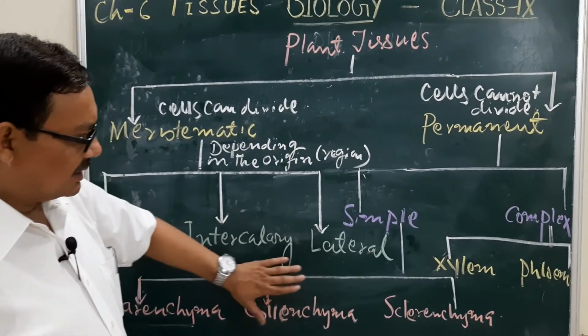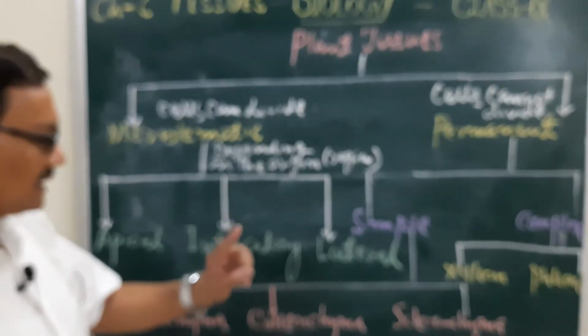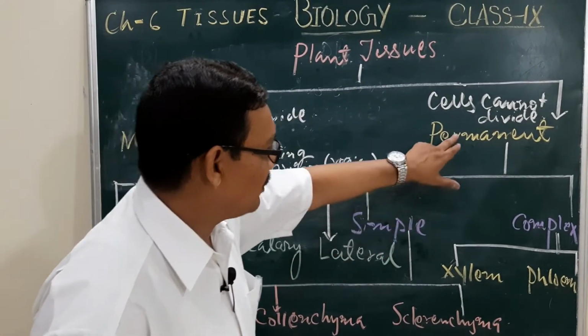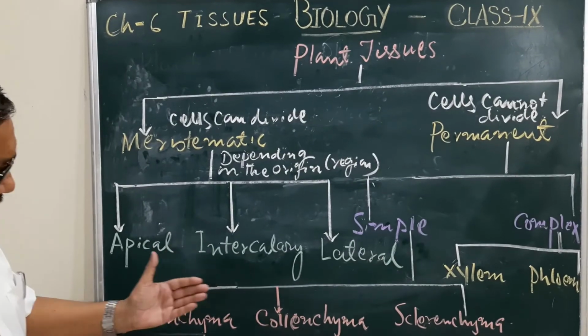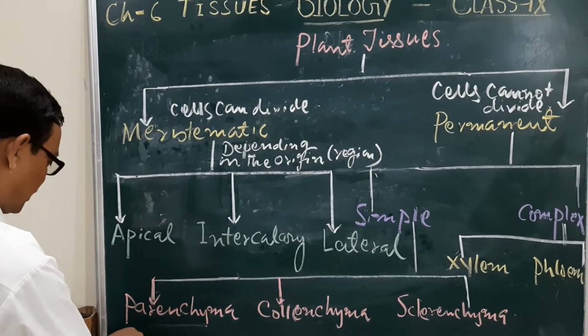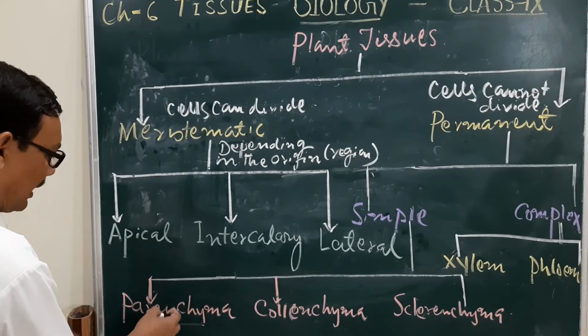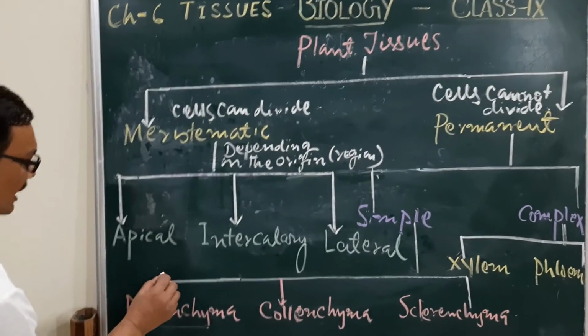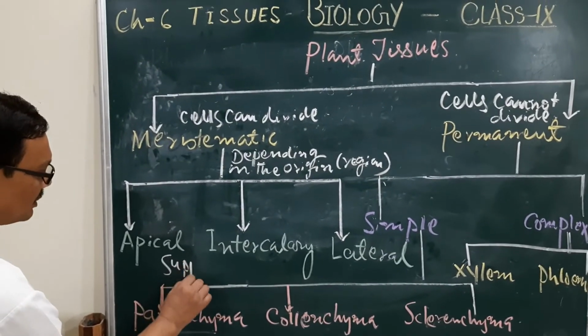Here in this classification, one more point I would like to add: in case of the simple permanent tissue, the categorization is not only this, which you have seen here, like parenchyma, collenchyma, sclerenchyma. Earlier I told you it is the supportive.